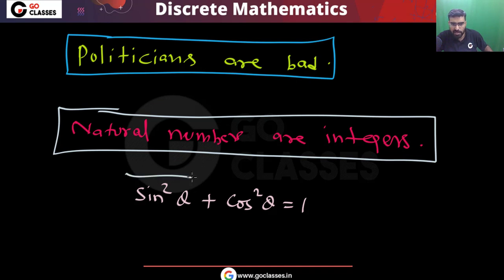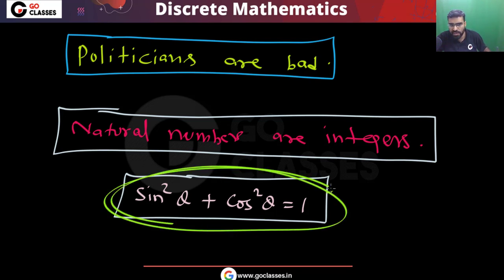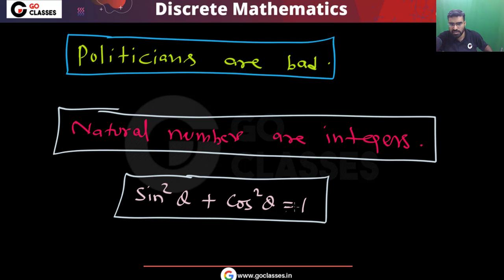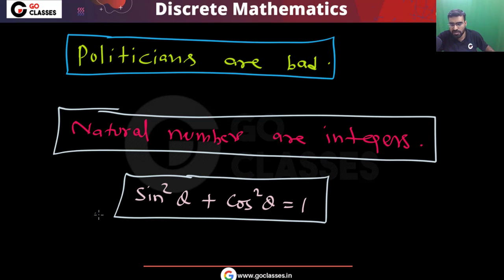And what about this statement? This is your favorite, sin square theta plus cos square theta equals 1. In this statement, are we talking about some theta or all theta? This is your favorite equation from your school life. You know that sin square theta plus cos square theta equals 1. But my question is, are we saying for all theta or for some theta?